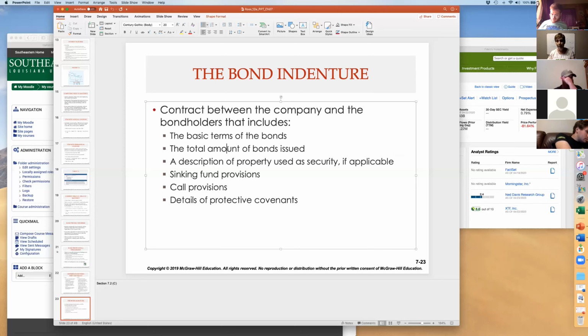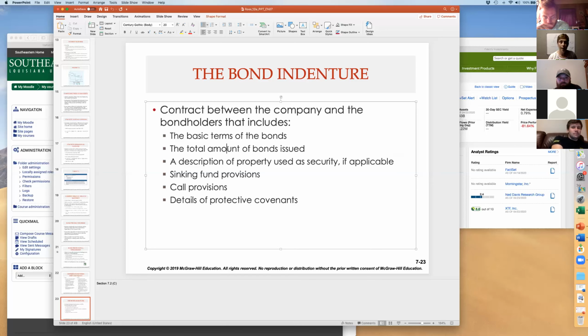The right to buy can be given to the issuer, or it could be given to a bondholder, right? But when you hear the term callable bond, the right to buy it back has been given to the issuer, right?